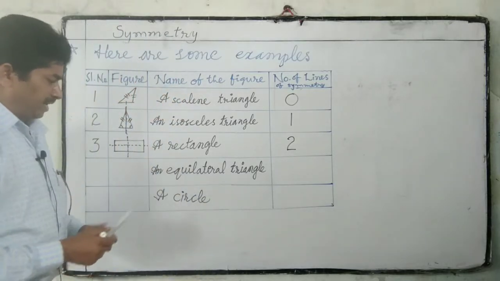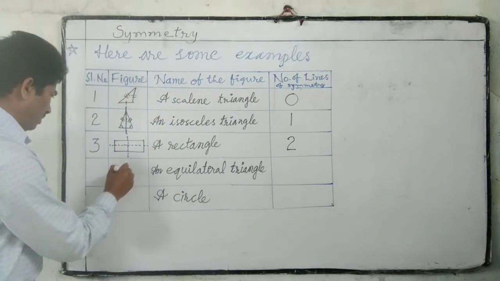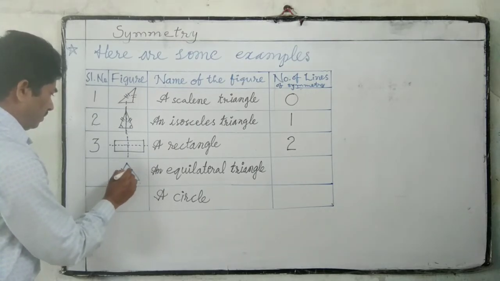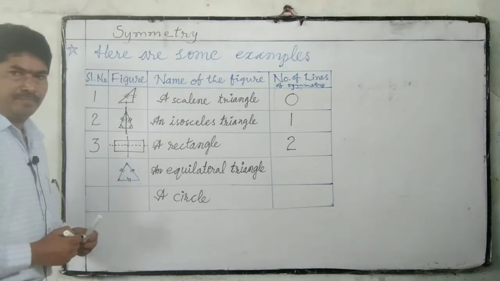Next, an equilateral triangle. All sides are equal in an equilateral triangle.